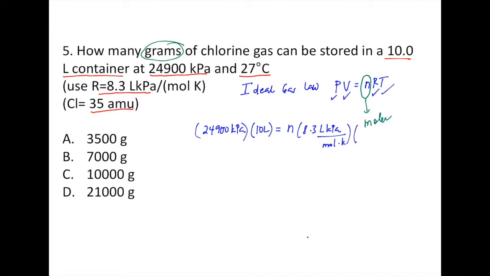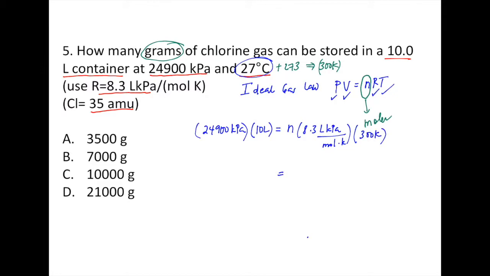And take note for the value of temperature, we have 27 degrees Celsius. But we cannot use this 27 degrees Celsius, but rather we have to add 273. And therefore that is 300 Kelvin. This one will be represented as 300 Kelvin.